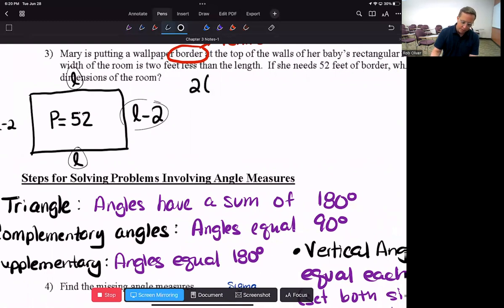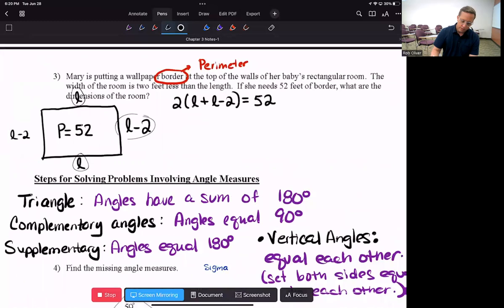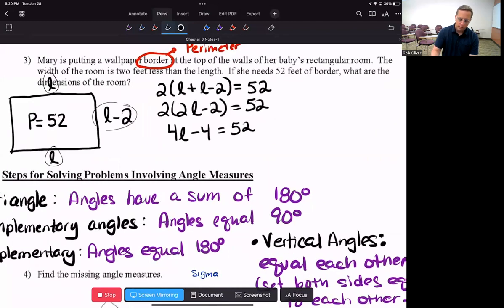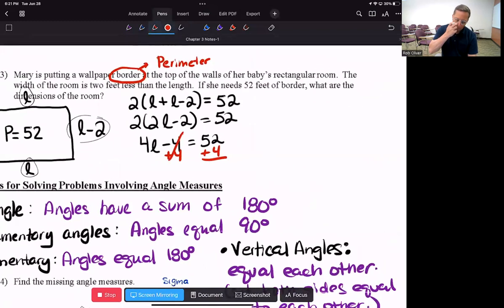I'm going to do 2 times L plus L minus 2. And then I'm going to make that equal to the perimeter. So that's going to be 2 times 2L minus 2. 2 times 2L is 4L. 2 times 2 is 4. I'm going to add 4 to both sides.